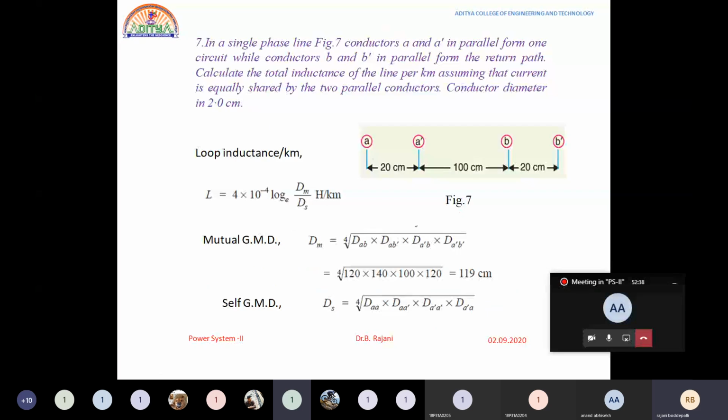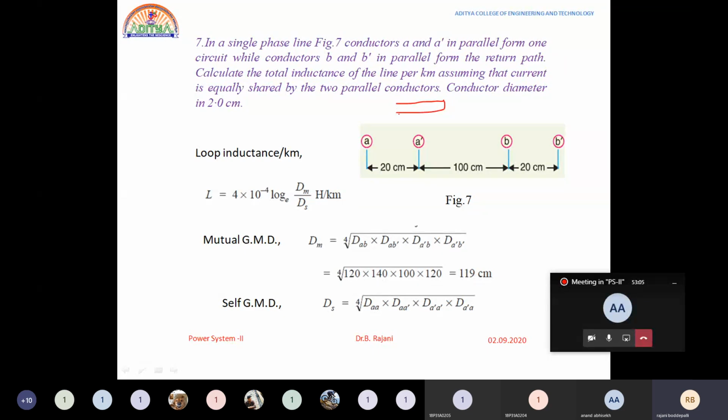In a single phase line, figure 7, conductor A and A dash in parallel form one conductor, while conductor B and B dash in parallel form the return path. See here, the question is given in such a way that conductor A and A dash are in this fashion and B dash and B are in the return path of it. Why is it the return path?